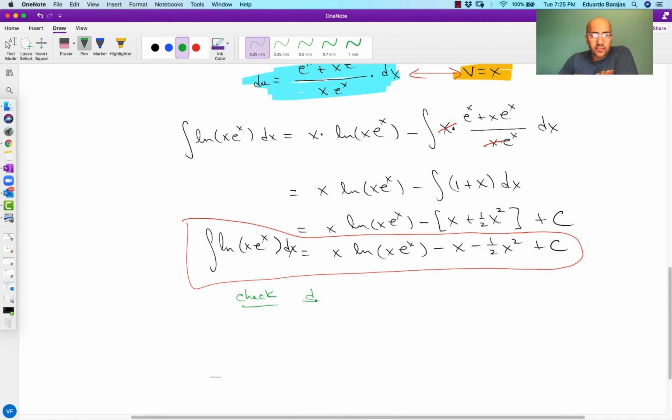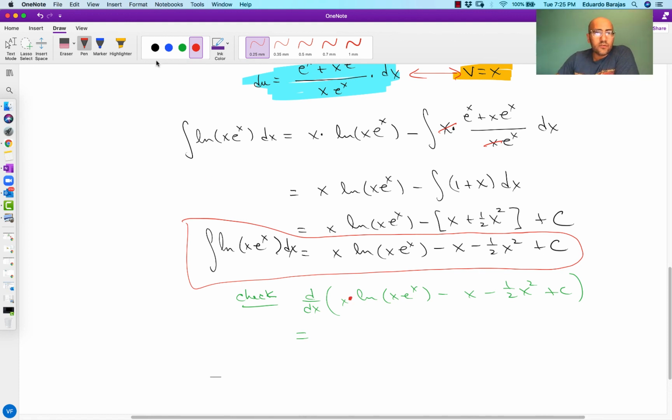So let's check it. Is it true that the derivative with respect to x of x ln of x e to the x minus x minus 1/2 x squared plus c really gives you just that guy right there? Okay, so we have a product rule for the first derivative.